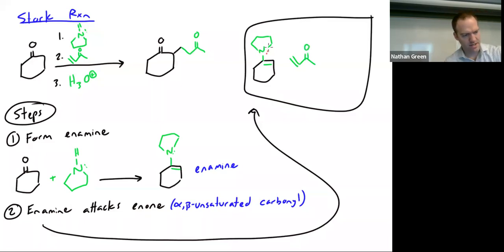I won't show the whole mechanism, but the electrons are going to flow down. Look at the Christmas mechanism, you guys. The electrons are going to flow down from the nitrogen, over from the alpha carbon. And it'll be a conjugate addition.